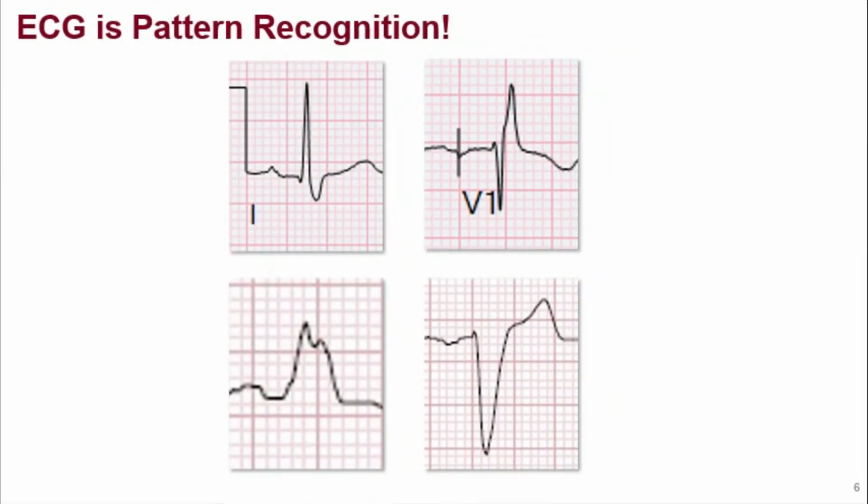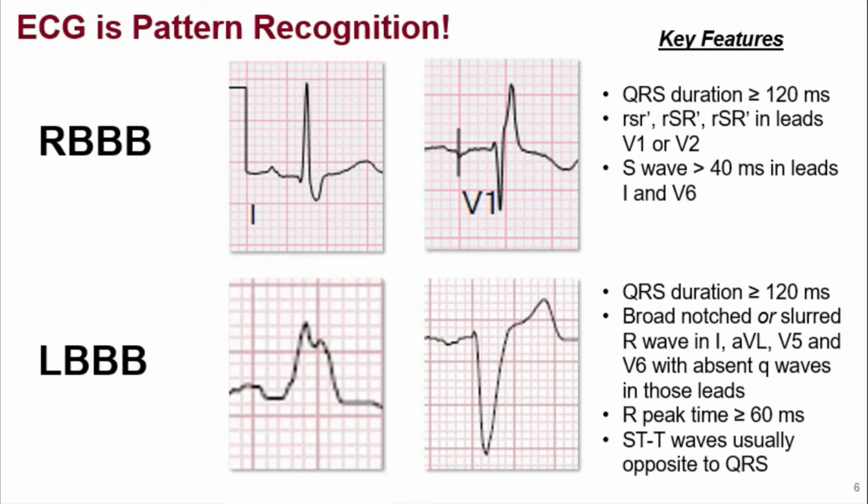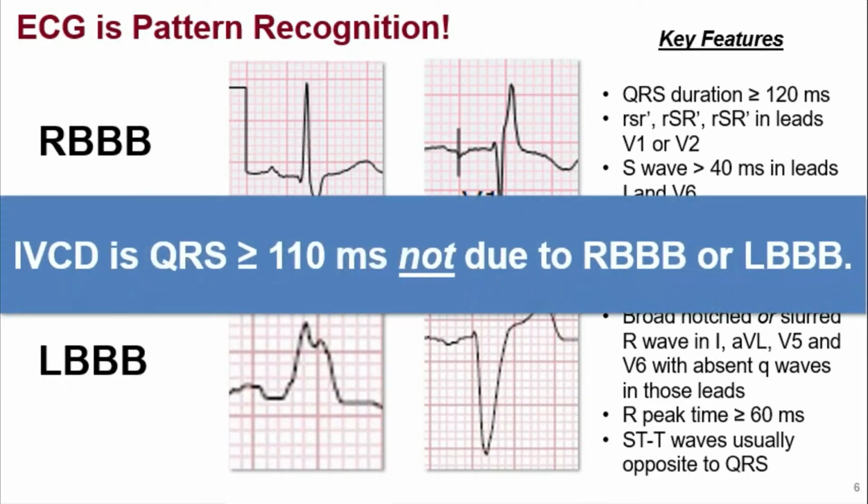The reason for this is that we quickly pick up on the fact that right bundle branch block has an R prime pattern, whereas a left bundle branch block has a QS pattern in V1 or a notched broad configuration in lead 1. Importantly, patients with nonspecific intraventricular conduction defect are simply those patients who do not meet the criteria for right bundle branch block or left bundle branch block.